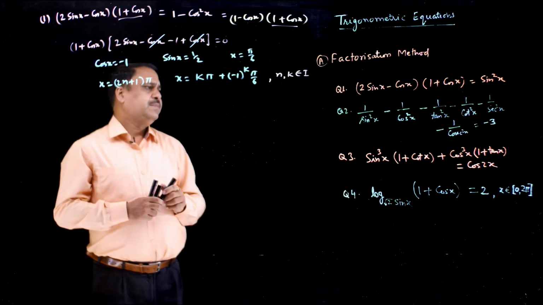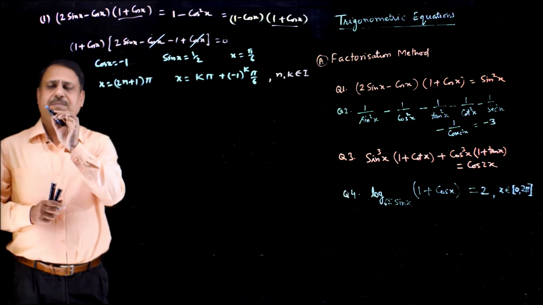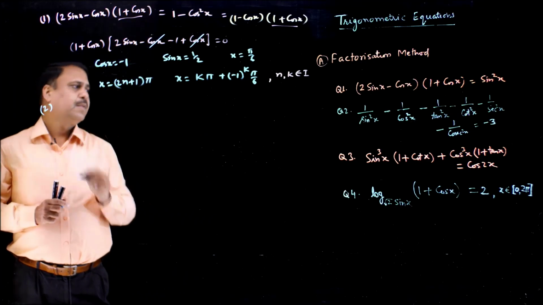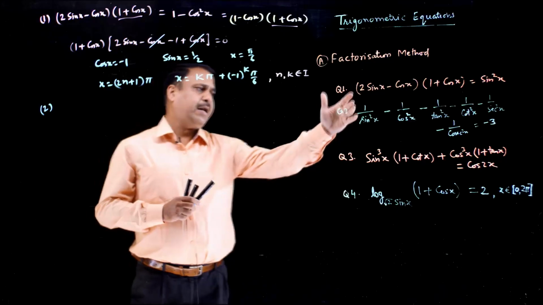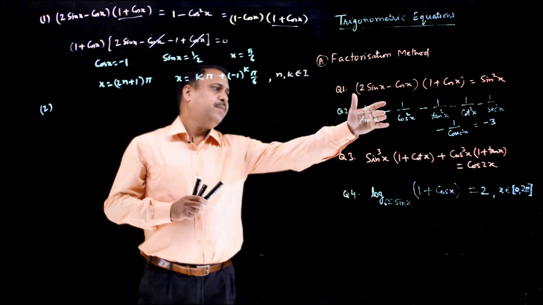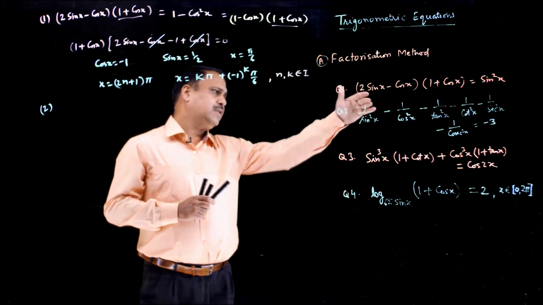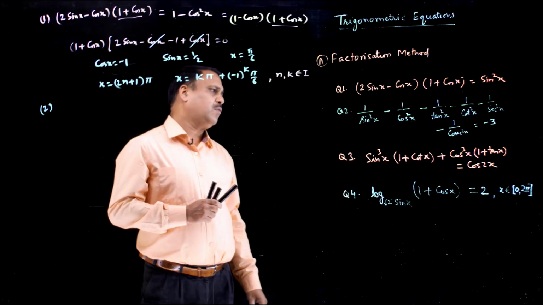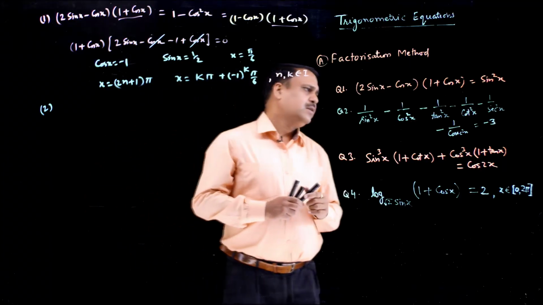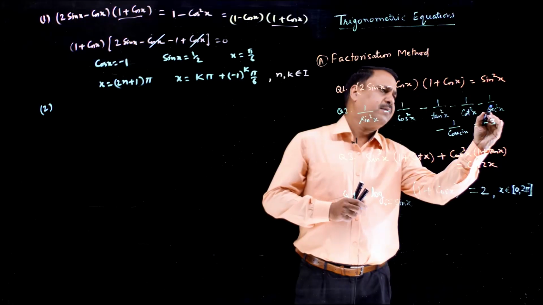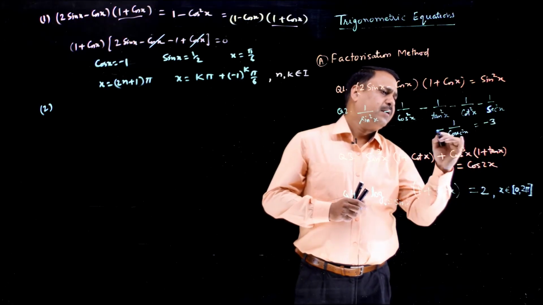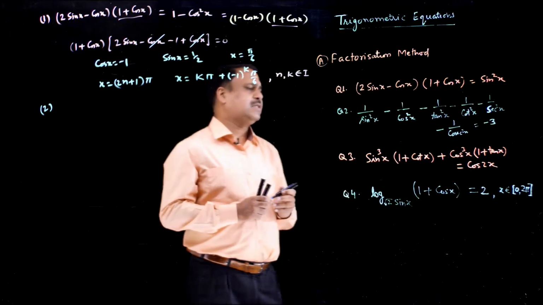Question number 2 is 1 upon sin square x minus 1 upon cos square x minus 1 upon tan square x minus 1 upon cot square x minus 1 upon sec square x minus 1 upon cosec square x is equal to 3.